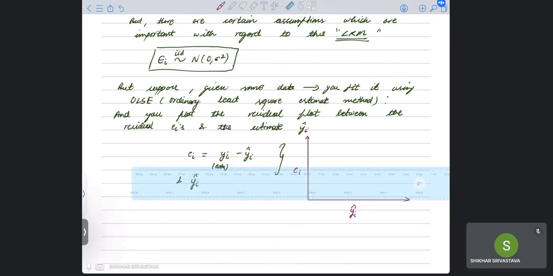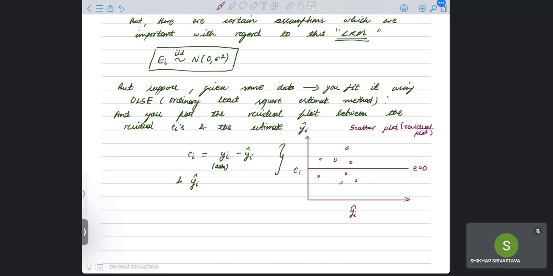You can have two cases. Suppose this is the e equal to 0 line, that is, there is no residual, so the model is perfect and able to predict your response accurately. This is a scatter plot, or residual plot, which I taught two classes before.